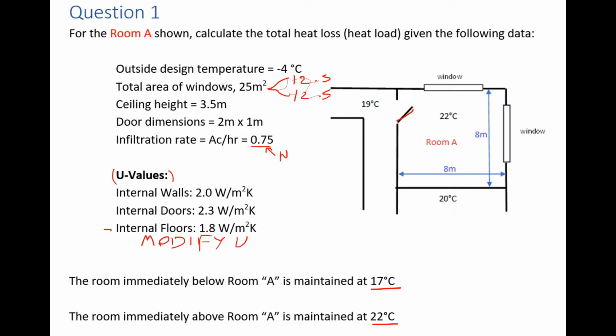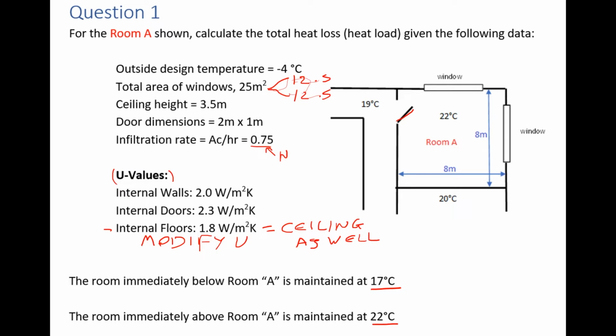This is because if you go to the room above room A, the ceiling of room A will be the floor of the room above. So internal ceilings just get the same U value as internal floors. So just say that's the same as the ceiling as well.